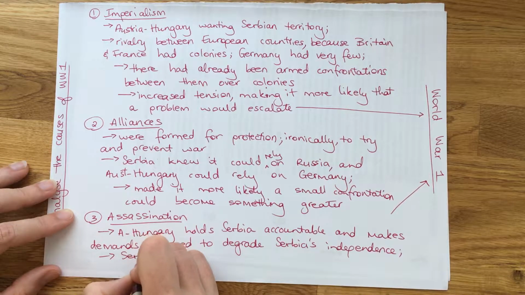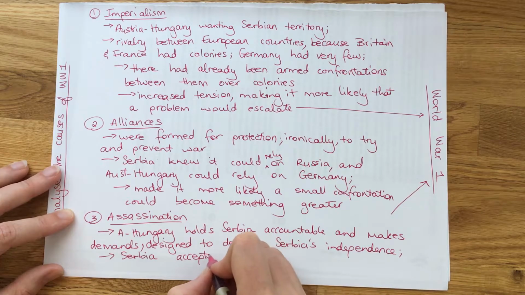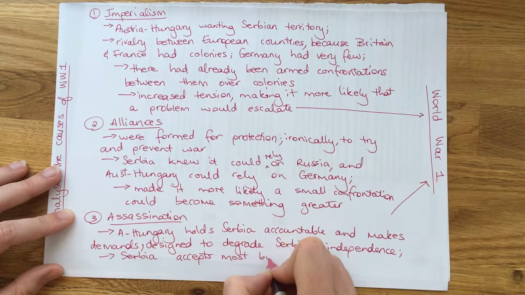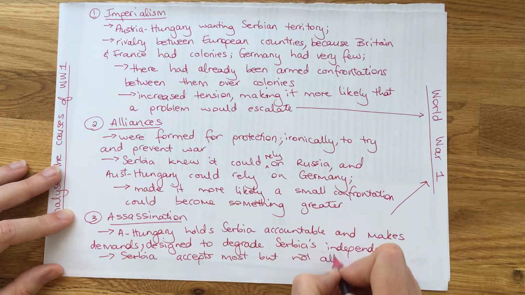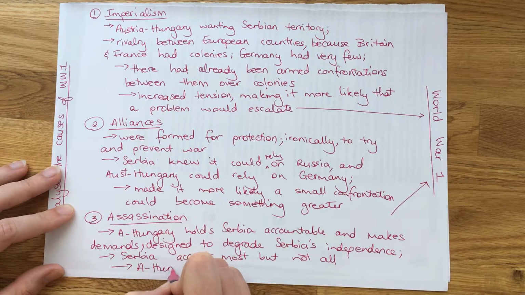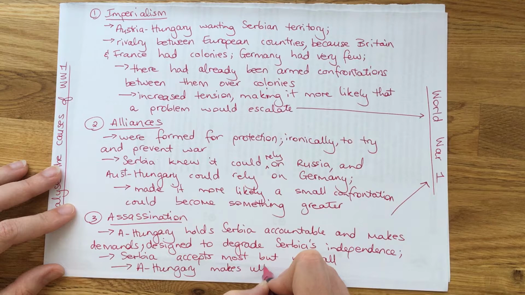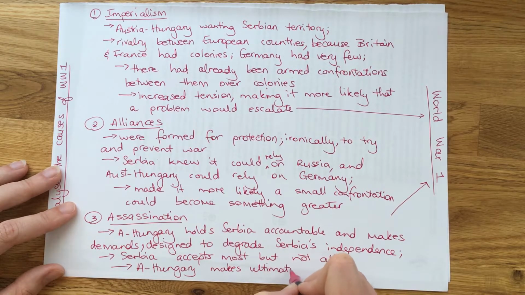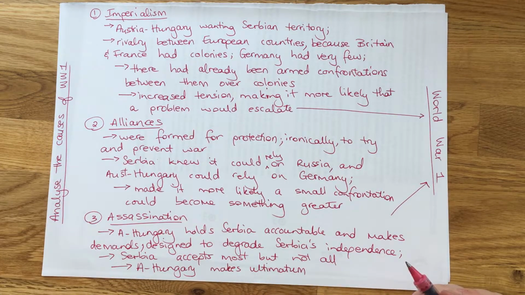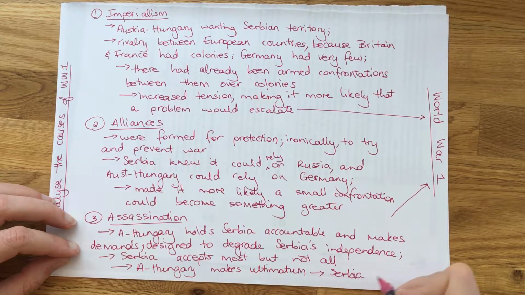Serbia actually accepts a number of the demands, but not all of them. Which means that then Austria-Hungary presents Serbia with an ultimatum that Serbia needs to accept all of the demands, otherwise there will be war. But Serbia rejects that, and therefore we get to World War I.